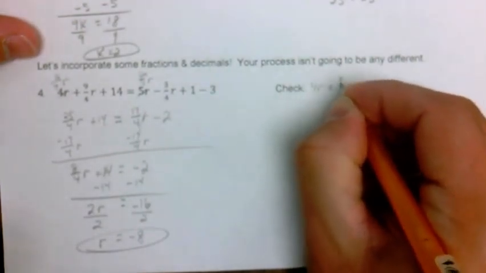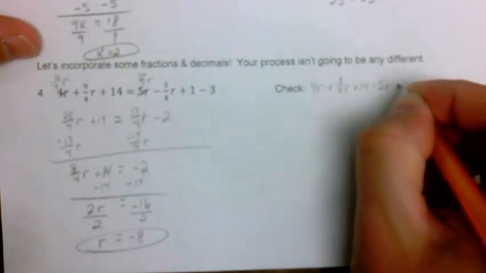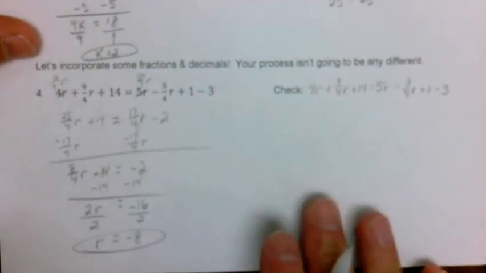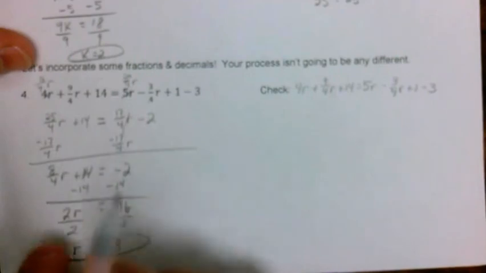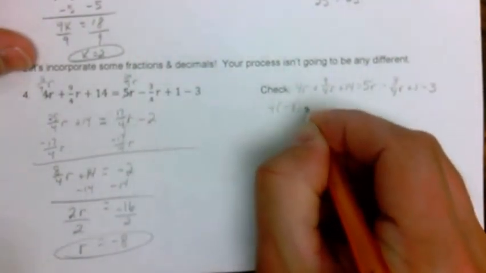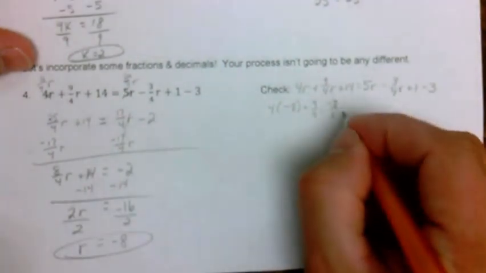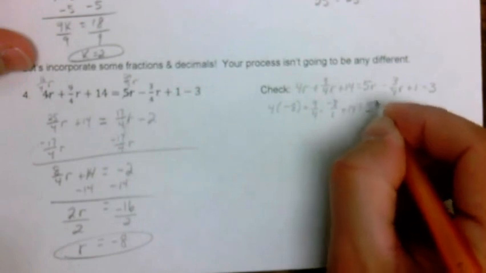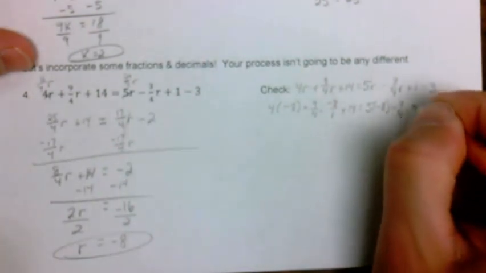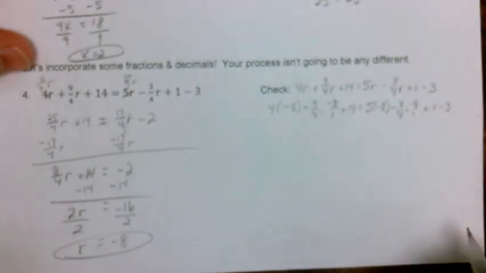4r plus 9/4 r plus 14 equals 5r minus 3/4 r plus 1 minus 3. R is -8, so let's go ahead and plug that in. 4 times -8 plus 9/4 times -8, which I'll just put over 1, plus 14 equals 5 times -8 minus 3/4 times -8 over 1 plus 1 minus 3.